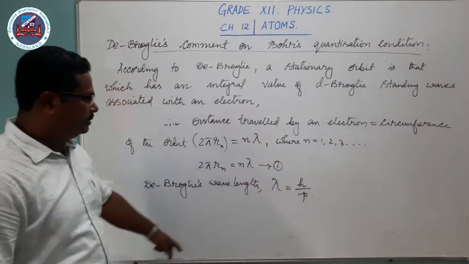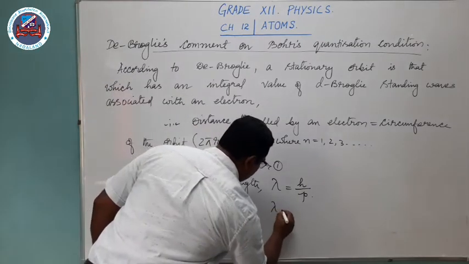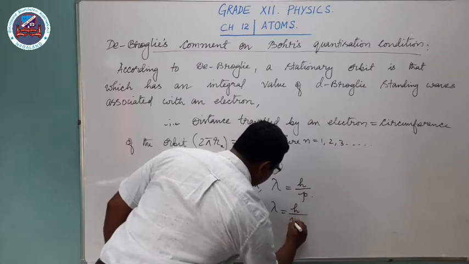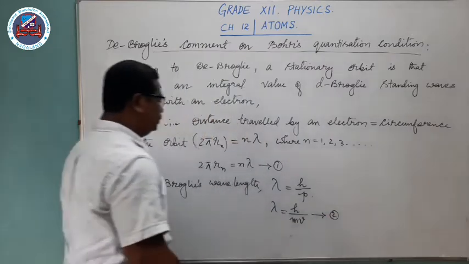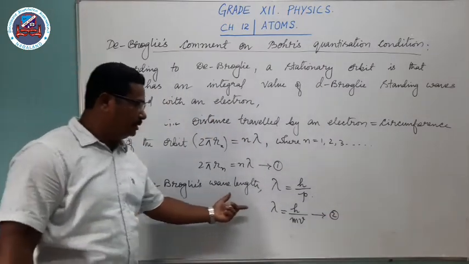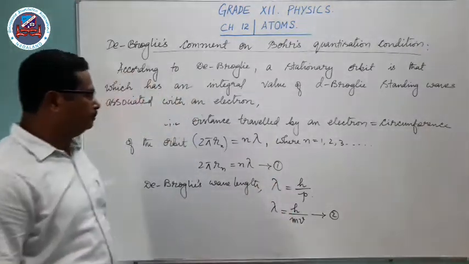Then lambda is equal to h divided by momentum, which is mass into velocity. Let us take this as equation number 2. This is de Broglie's hypothesis, from where we got lambda is equal to Planck's constant divided by momentum.